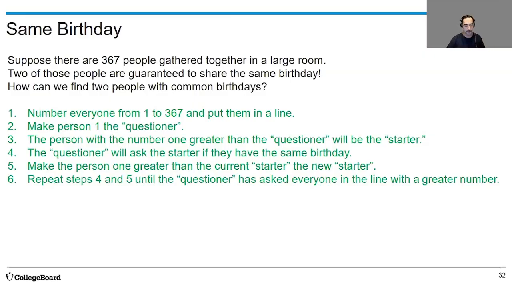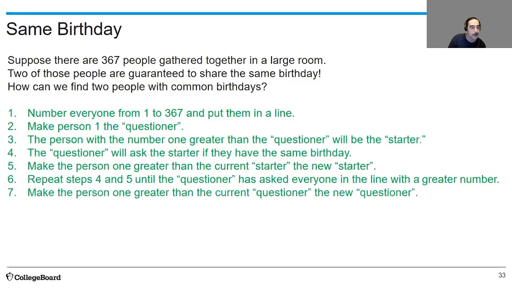So maybe we'll have to keep going to try to find those that share the common birthday. So we're going to make the person 1 greater than the current questioner the new questioner. So if person 1 was the questioner before, now person 2 is going to be the new questioner. And so now we're going to repeat steps 3 through 7.